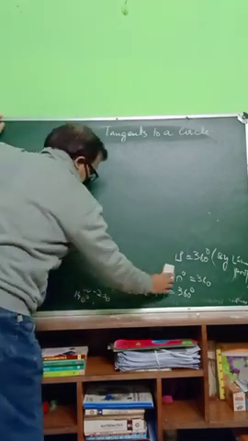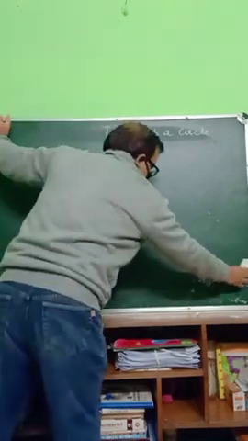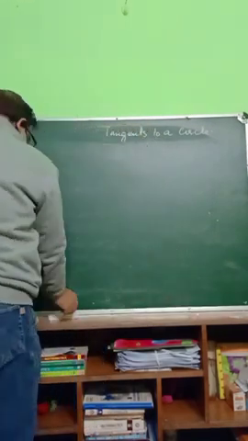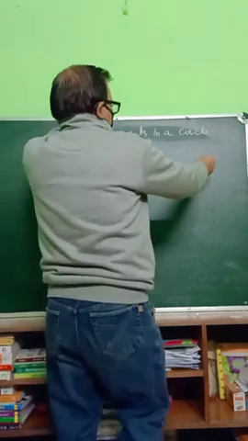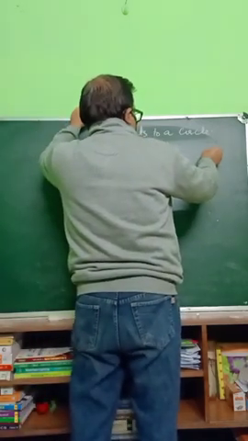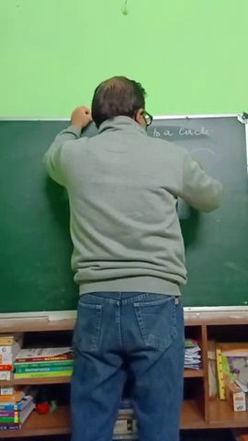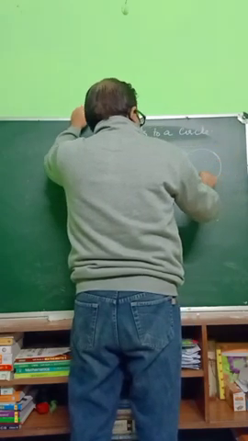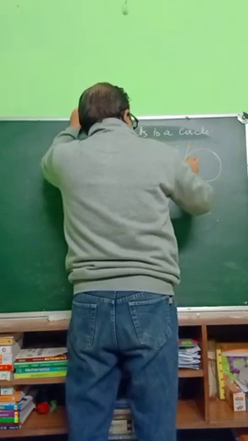Prove that in a quadrilateral which circumscribes a circle, ABCD, a quadrilateral circumscribing a circle. Here is the quadrilateral.